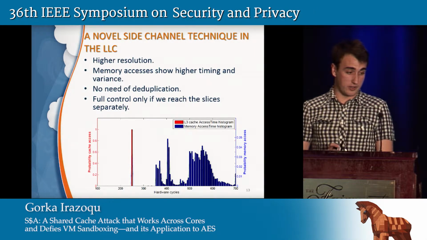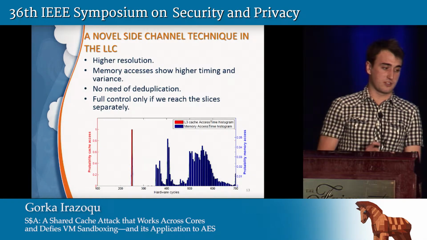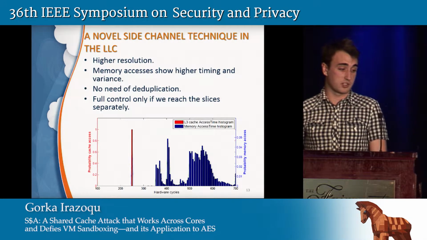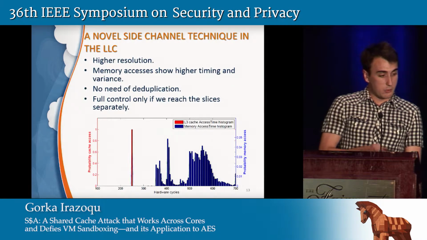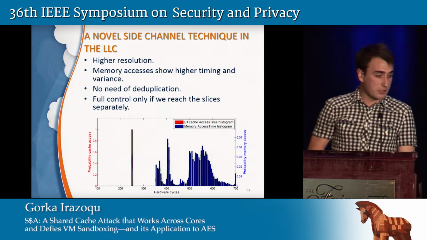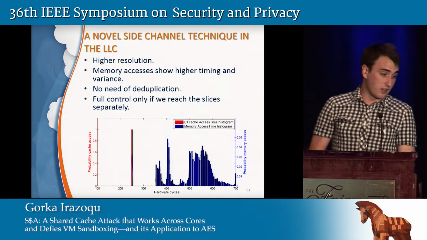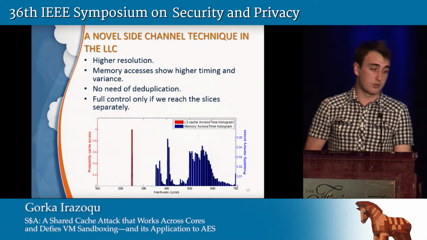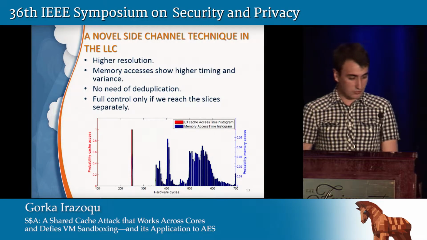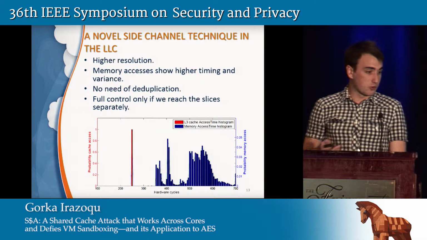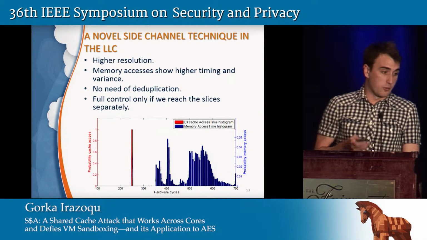The variance is an important observation that we make here because it's much lower as well. So basically, we can see that if we put a threshold around 300 cycles, we can clearly distinguish both cases. Again, this is true if we can control the slices we're monitoring separately.